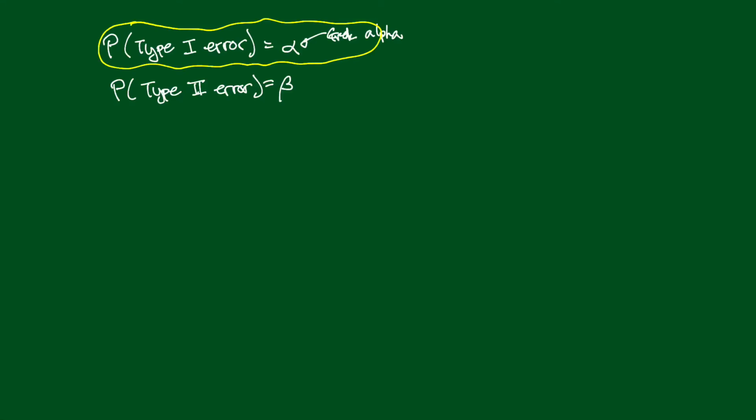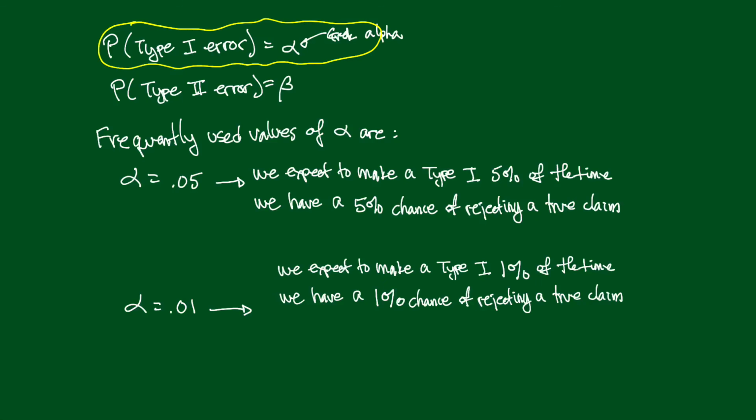But we need some kind of balance between these two errors. A type 1 error is rejecting something that's true. Now, if we don't want to reject things that are true, maybe we start accepting too often. And if we start accepting too often, then we're going to be making type 2 errors. So we need a balance between alpha and beta. And here are some frequently used, agreed upon values for alpha. If alpha is 0.05, that means we can expect to make a type 1 error 5% of the time.